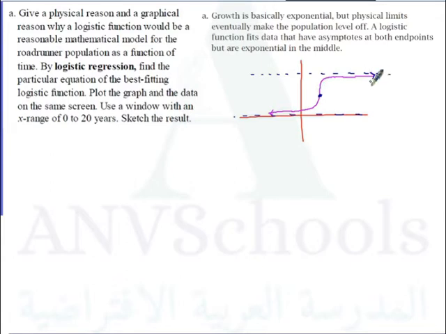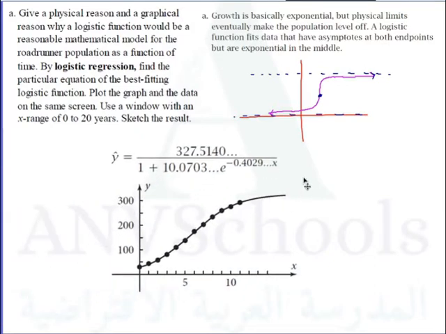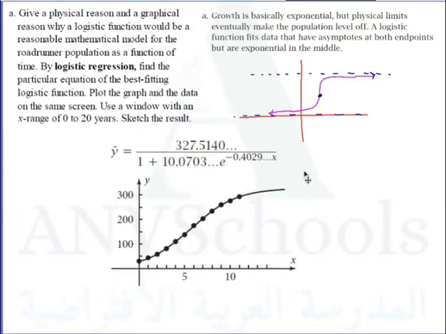Okay? So plot the graph and the data on the same screen. Use a window with an x range of 0 to 20 years. So we'll use, of course, the logistic regression. By logistic regression, we get this logistic function: y hat is equal to 327.5140 over 1 plus 10.0703 e raised to negative 0.4029 x.